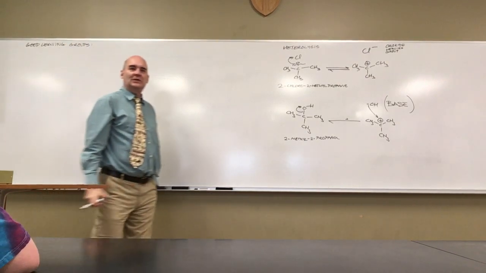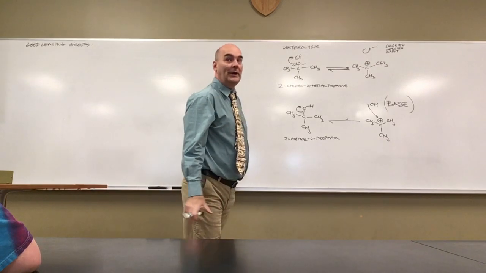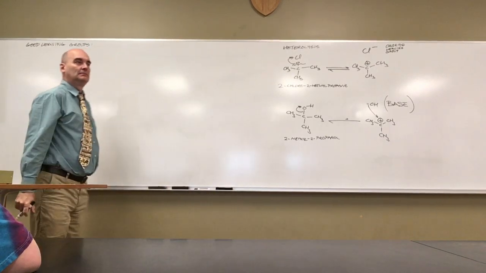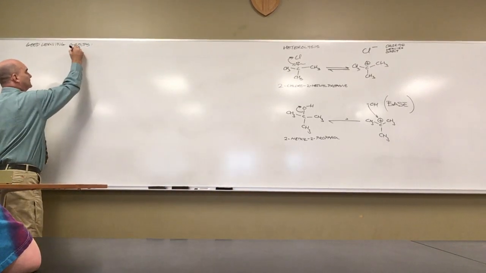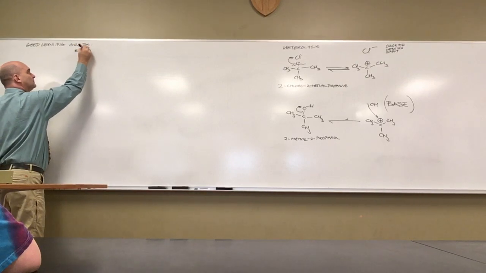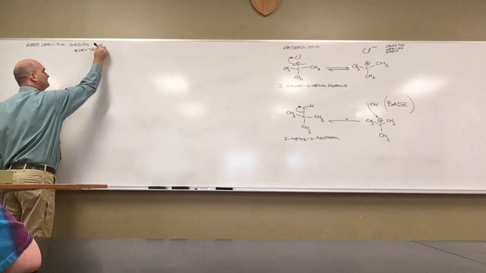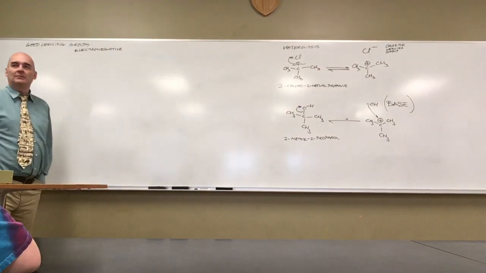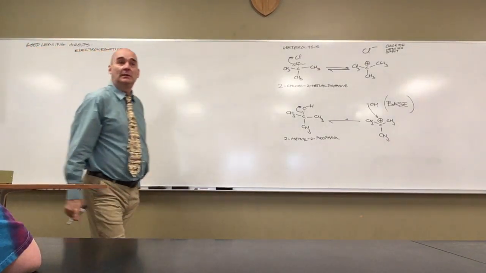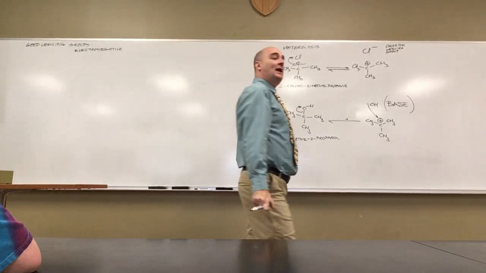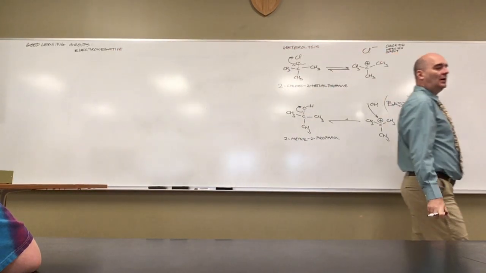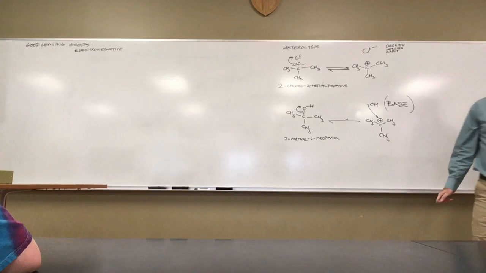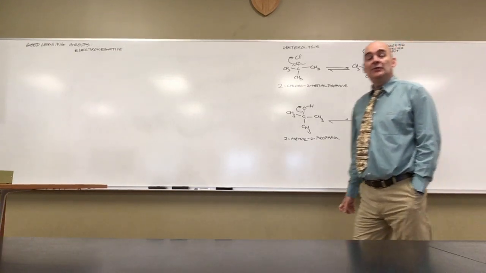Good leaving groups have the following characteristics. They're electronegative. They have to be, because they have to be part of a bond that is uneven.